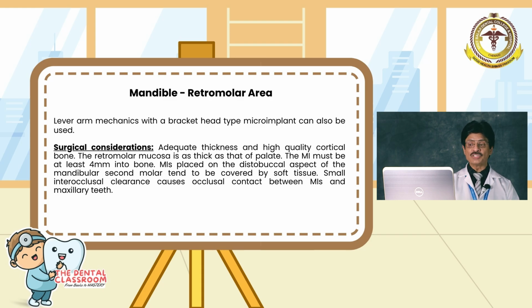Microimplants placed on the distobuccal aspect of the mandibular second molar tend to be covered by soft tissue. There is also small interocclusal clearance, which causes an occlusal contact between the microimplants and the maxillary teeth. So we need to take account of all these surgical considerations.